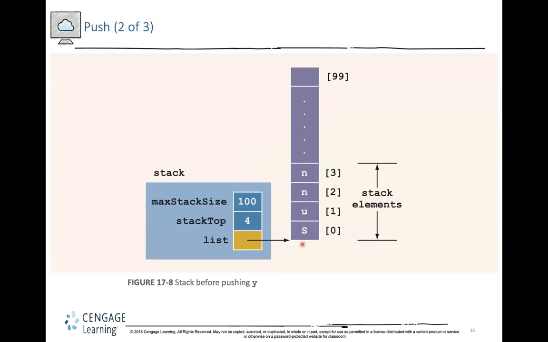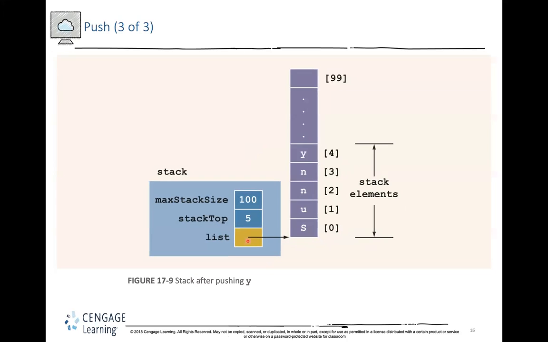Now, let's say before we push an element, currently we've got a stack of 4 elements. And then we want to push another element, y, to the top. So now the stack top is incremented by 1. So now it's 5 elements in the stack.